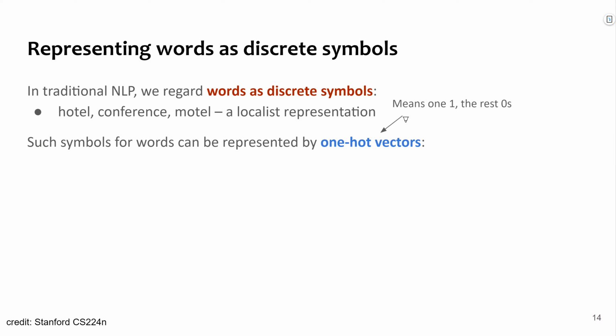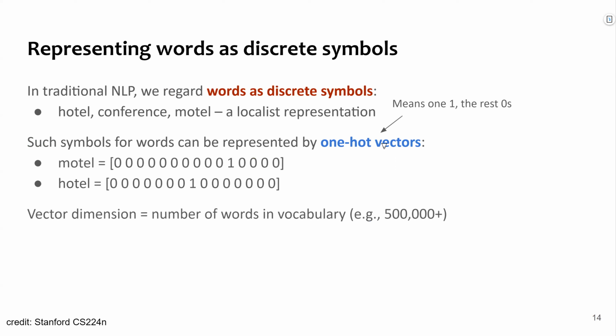One-hot vectors means it contains only one element that is one and the rest of the elements are zero. For example, you can signify motel as this vector and hotel as this vector. And this one signifies the index of the word hotel. The vector dimension is the number of words in the vocabulary, and it might be 500,000 or more.